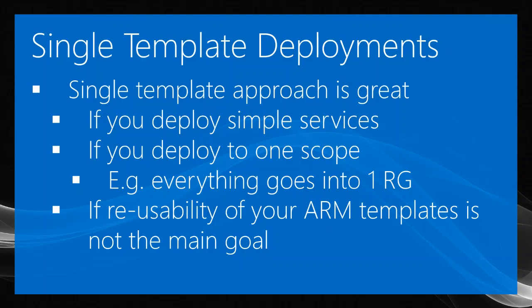So you can deploy on subscription level, for instance, if you want to create a resource group by using an ARM template. Then you need to go one level up to the subscription level, deploy your code from there to create a resource group. And now we have a little bit of a thing because using one single ARM template can only scope to one level, which means you can either deploy to the subscription level or to the resource group level, but you cannot mix and match. That doesn't work, all right?